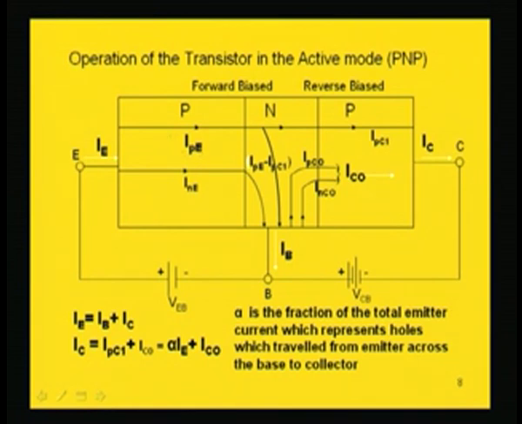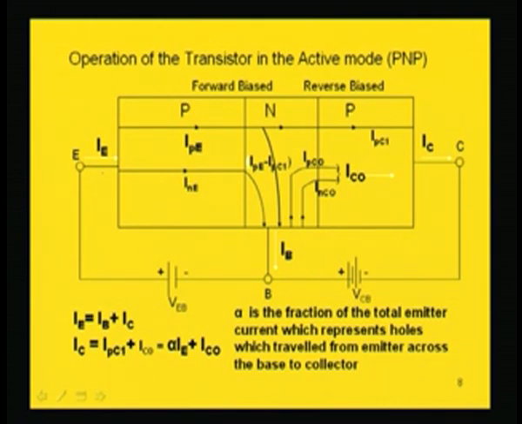So, the holes are moving from the emitter towards right to the base, giving rise to IPE. The conventional direction of current is in this direction, and the other is due to these electrons in the base to emitter, giving rise to this INE current, whose conventional direction is against the movement of the electrons.